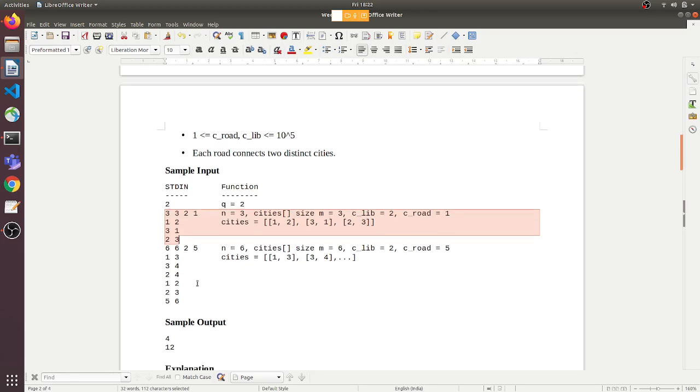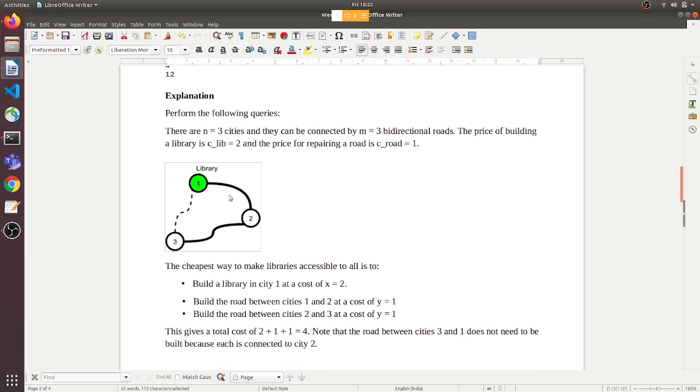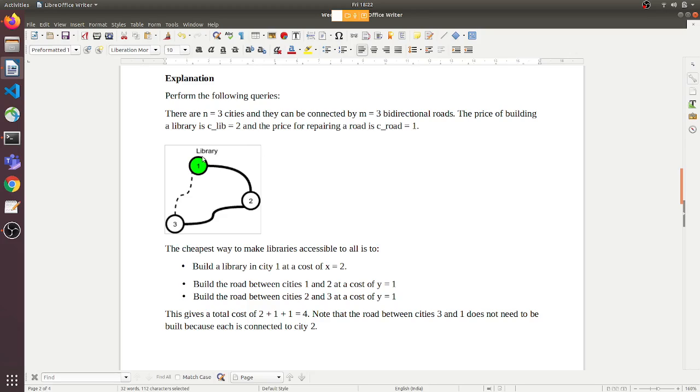So let's look at this example. Here you are given 3 cities, 3 bidirectional roads, where all can be connected together, and the cost of a library is 2, and the cost of building a road is 1.